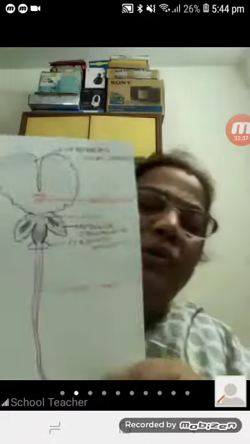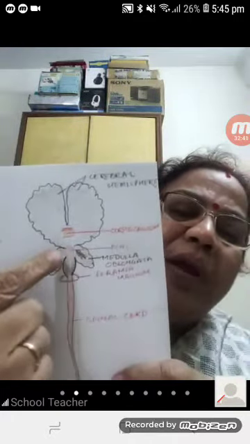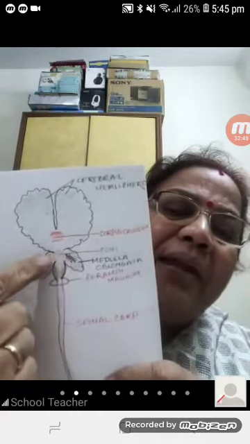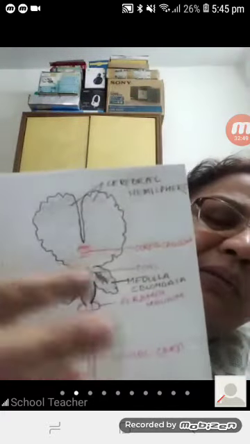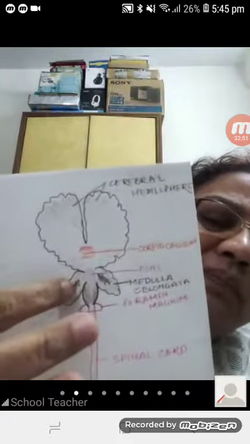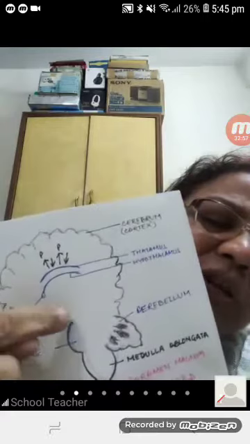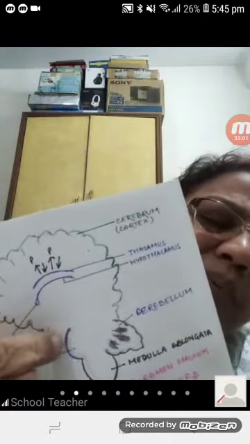So in longitudinal section, cerebellum also has two hemispheres, which are called cerebellar hemispheres. Okay, below the cerebrum is the cerebellum. A small, swollen portion, which is under the cerebellum, is pons.